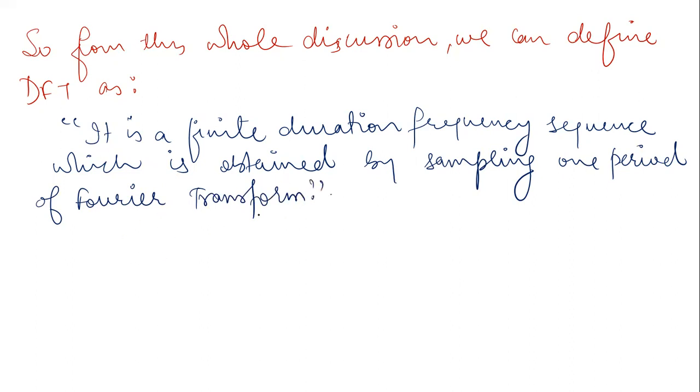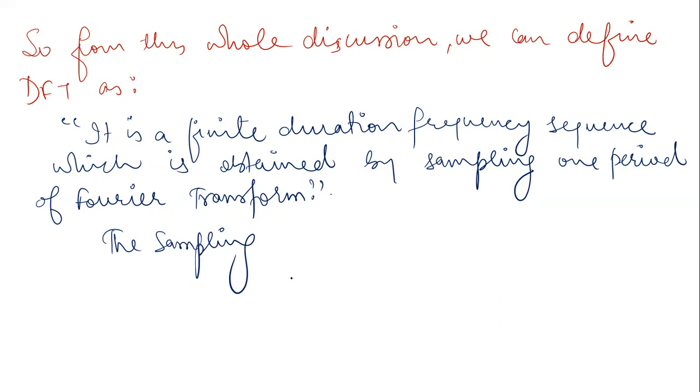Now, the sampling is done because we have a discrete time sequence, and we have taken its DTFT, which is continuous in nature and extends from minus infinity to infinity. It is quite difficult or impossible to compute this through a computer. So we make this sequence finite.